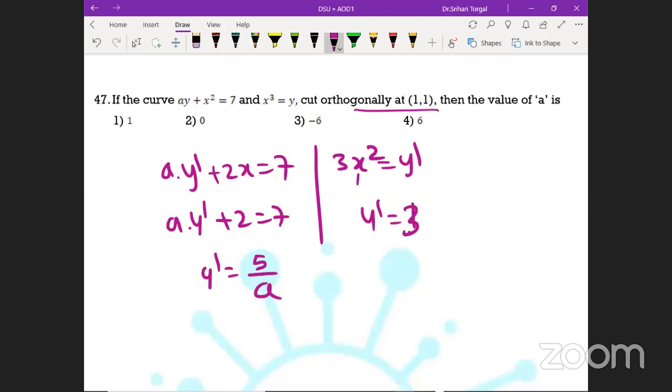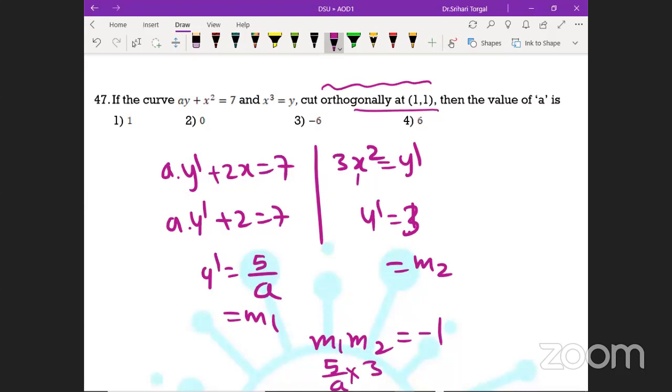Now you have to take the condition, why it is orthogonal. What is the meaning of orthogonal? If you take this as m1 and this as m2, m1 into m2 must be equal to -1. What is that? 5 by a into 3 is equal to -1. Is that right? 7 minus 2 will be, this differentiation is 0, right? 0. And you will get -2.